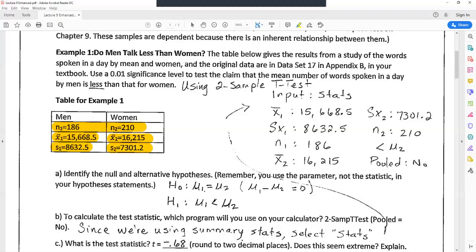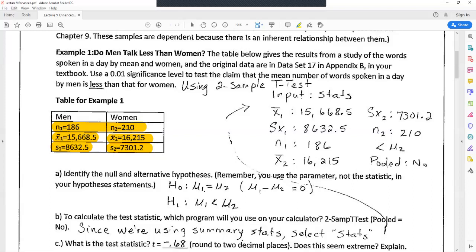Now, to do the comparisons to see if there is a difference. On the surface, there appears to be a difference because the average for women is higher than men. For example, 16,215 is definitely larger than 15,668.5.